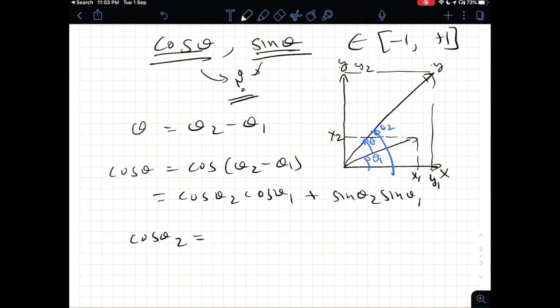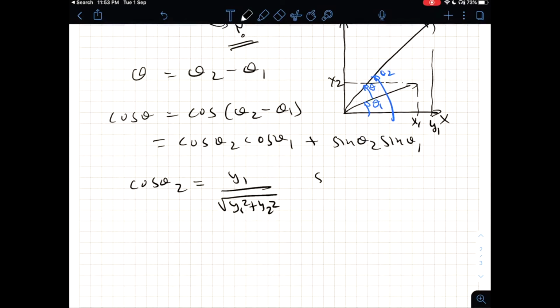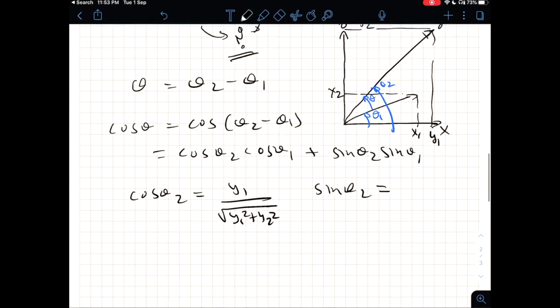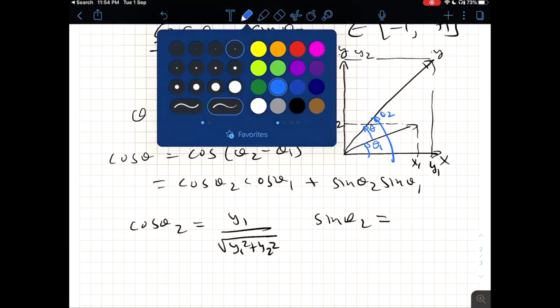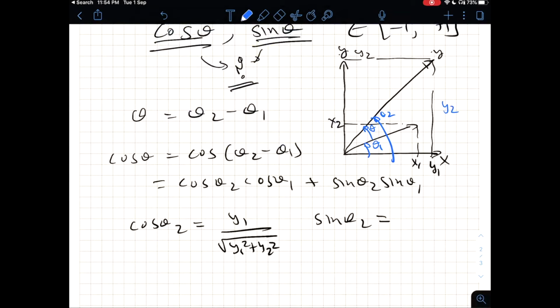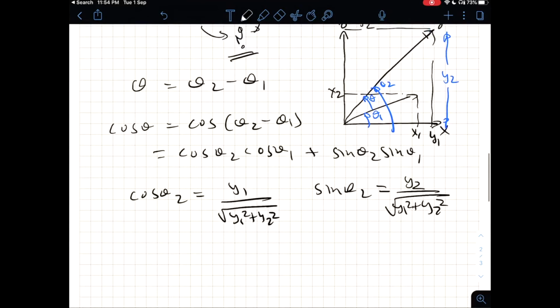So therefore, cos of theta 2 is going to be y1 divided by under root of y1 square plus y2 square. And so sine of theta 2 is going to be perpendicular, which is y2, divided by again the hypotenuse, which is under root of y1 square plus y2 square.